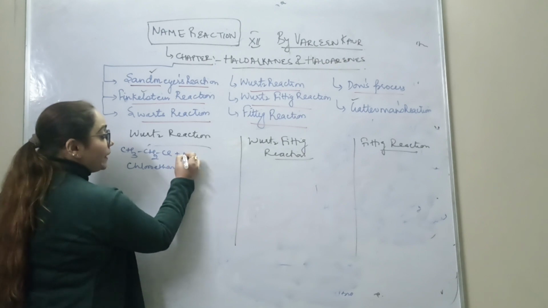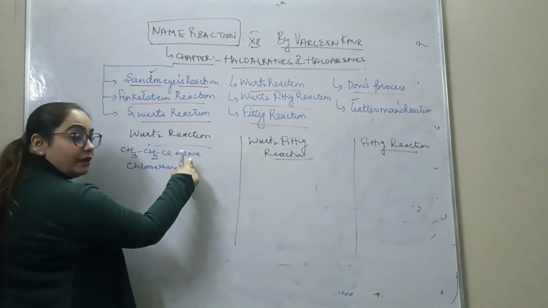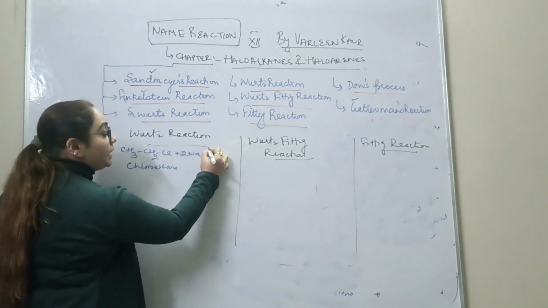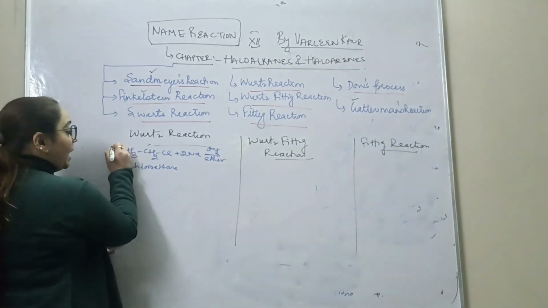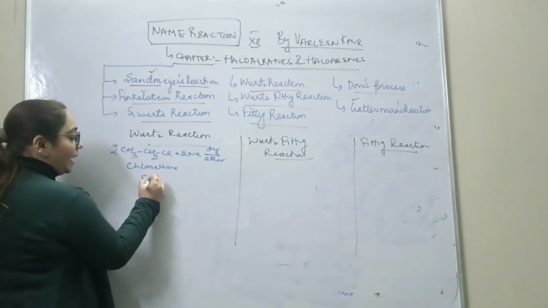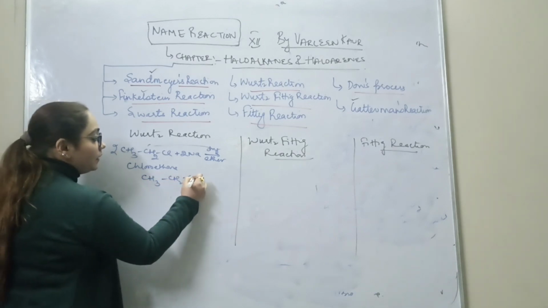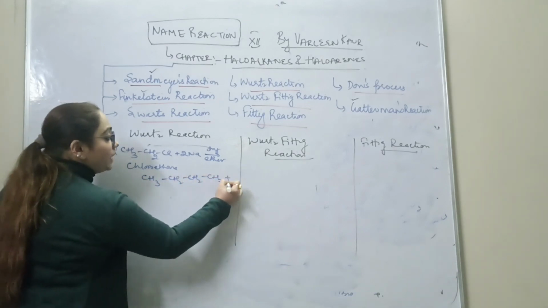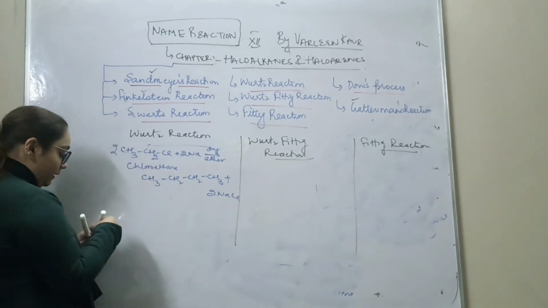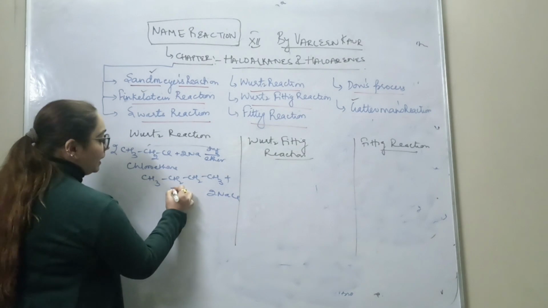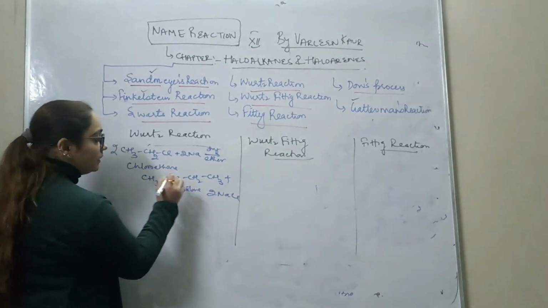How? If I am going to react this compound with sodium in the presence of dry ether to make the condition dry. So we have to take 2 moles of this. So what happened? It will become butane, and it removes NaCl. So with chloroethane, I'll be getting n-butane.